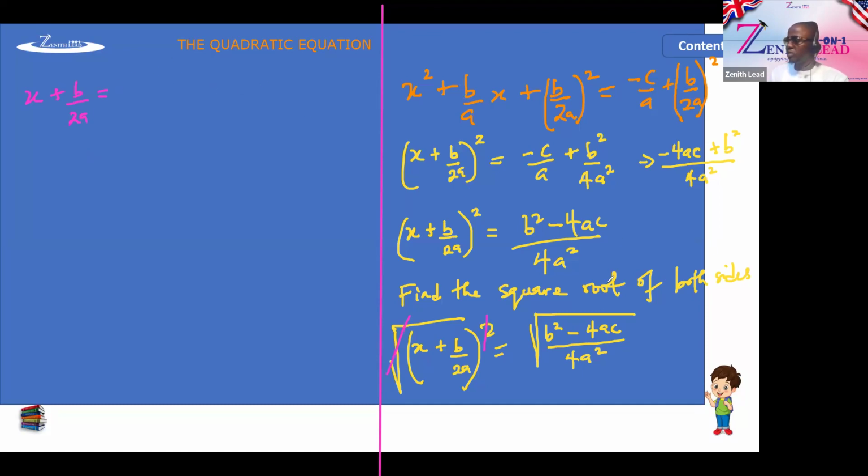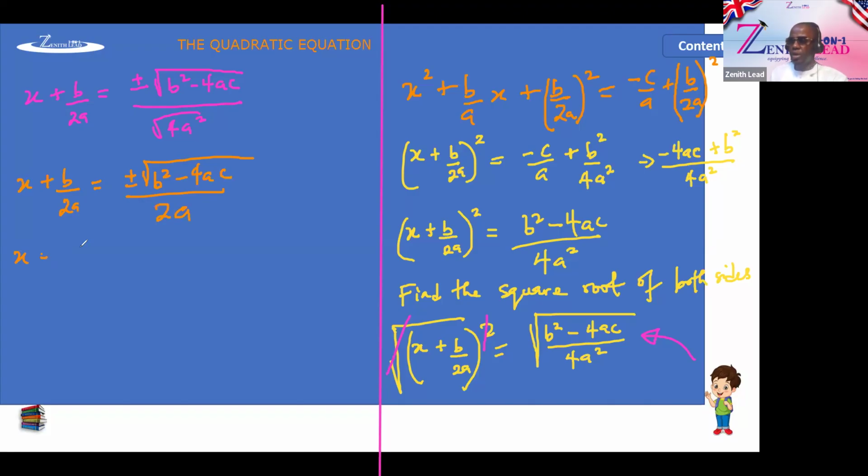Now, the square root on this right-hand side is actually going to cover the numerator, plus or minus the root of b squared minus 4ac, and then all over the square root of 4a squared. Now, when you solve that, you'd realize that you have x plus b over 2a equal to plus or minus the square root of b squared minus 4ac all over the square root of 4 is 2, and the square root of a squared is a.